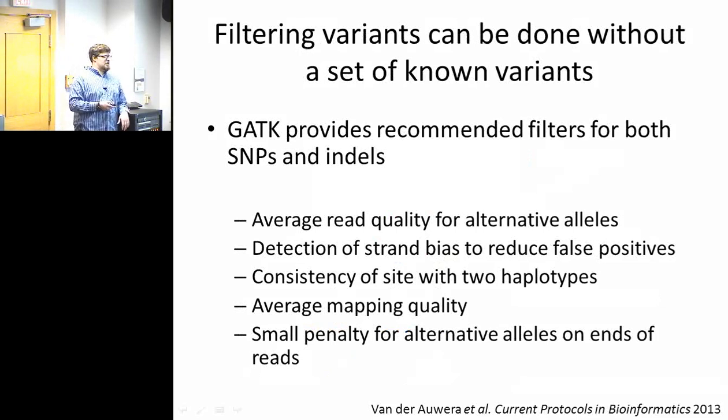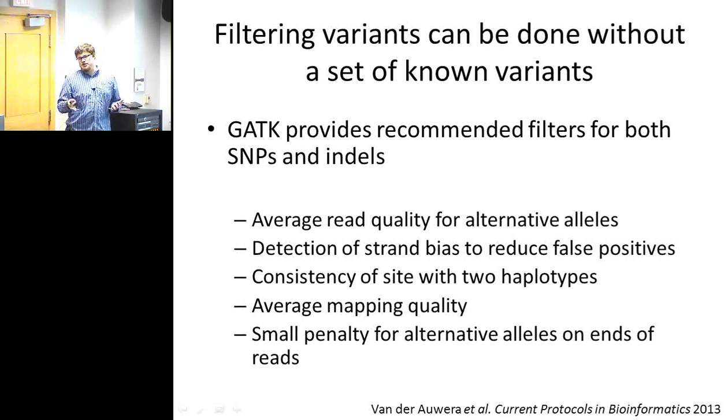There's also a filter determining the consistency of a particular variant site, with there being two and only two haplotypes. Also, something taken into account is the average mapping quality of reads overlapping a particular variant. And finally, there's a small penalty for our alternative alleles that occur on the ends of reads.